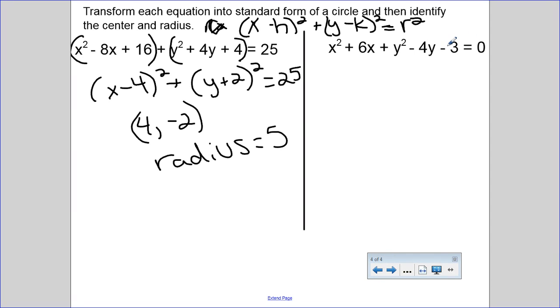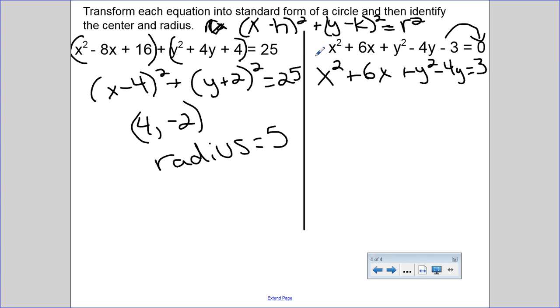And the first thing I'm going to do, and again here, this negative 3 and negative 4 won't give me a perfect square, so I'm going to move this over there. This should look like what you did on Monday with your review of completing the square. So I add 3 to both sides, and there I go.